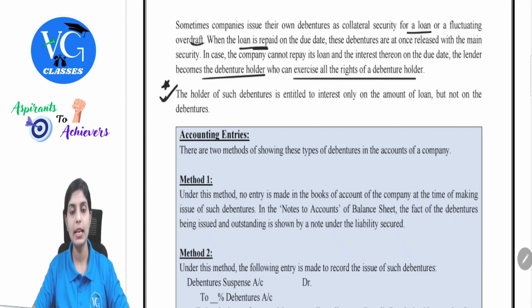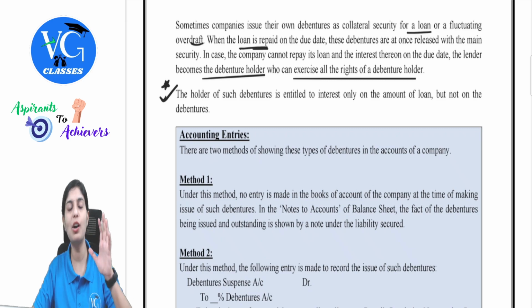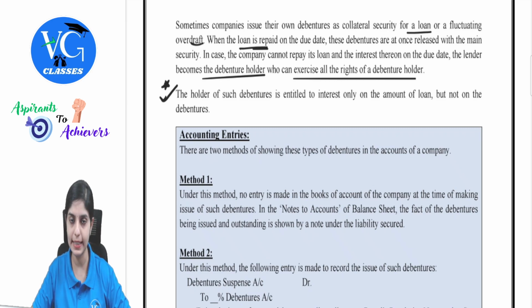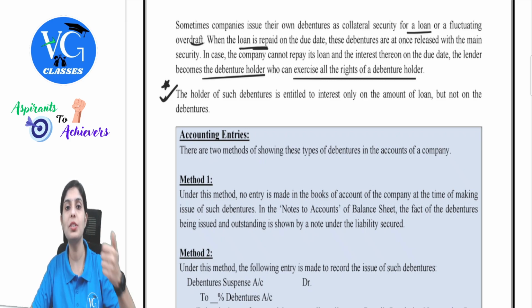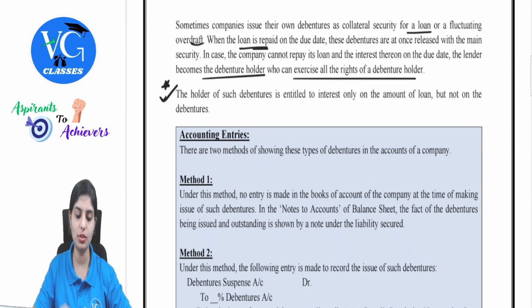Since he becomes a debenture holder, he cannot have a claim to receive interest on debentures. Why did he first of all become the debenture holder? Because there was a default from the company's or business side to maintain the due dates, that is with respect to repayment of interest or loan installments. So in this case, that person is only eligible for interest on that outstanding loan and not on debentures. That's what this point prescribes here.